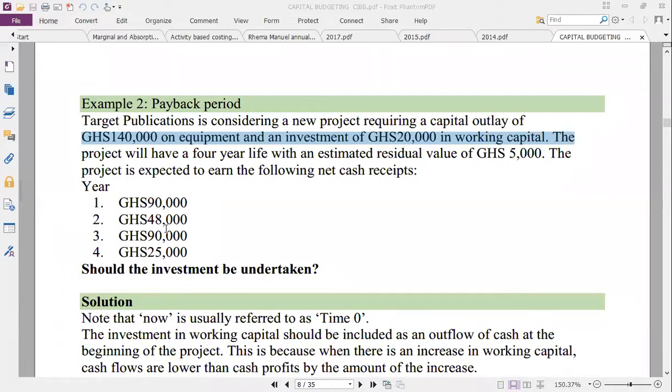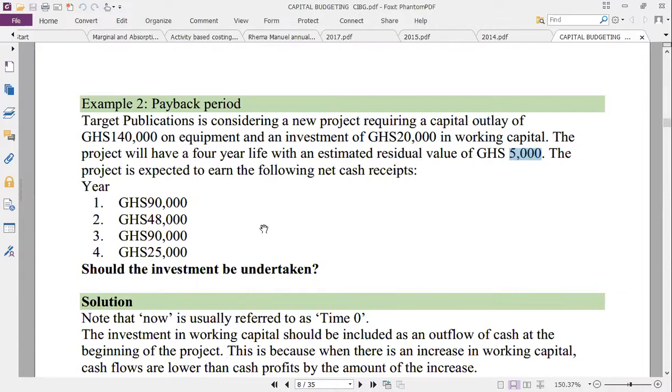Now year four, we have to add if there's a scrap value in the question. Yes. Estimated residual value of what? 5,000. So we are assuming that at the end of the project life, you are going to sell the machinery or the plant involved. So if you sell that plant or the equipment, you get 5,000. You have to add it to the cash flow to form part of the cash flows.